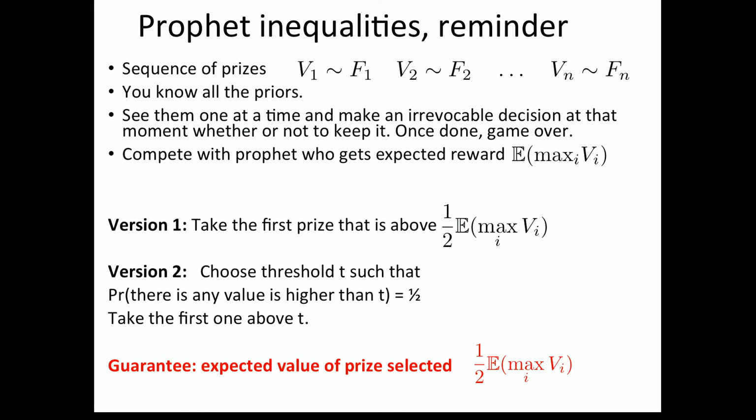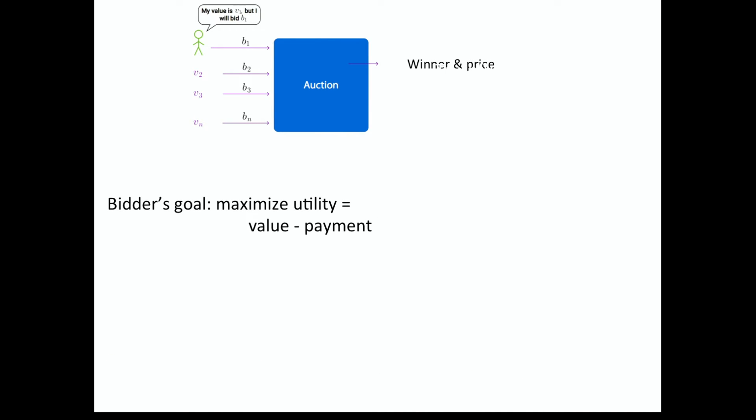I want to show you an obvious application of this in the context of single item auctions. So first, let's review a few things about a single item auction. We have a bunch of agents. Each of them has a private value for the item, meaning if their value is $100, they're indifferent between owning that item and having $100 in their hands.